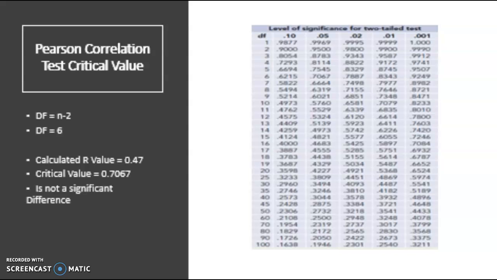We then go down to 6 on this table, then go along to 0.05 as it is the p-value, which then gives us the critical value of 0.7067. This tells us that it's not significant as well. There's no significant difference, sorry.